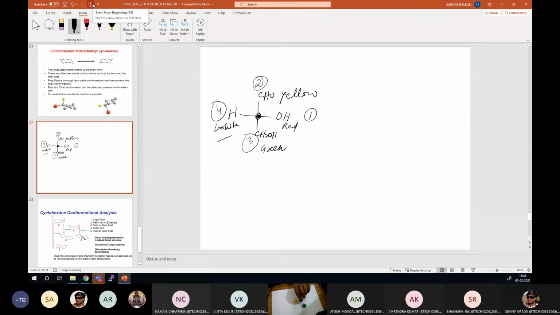Anyway, this molecule, when you visualize from this way, then this is 1 2 3. So now tell me, is this one clock or anti-clock?